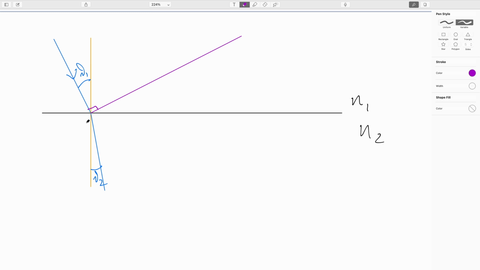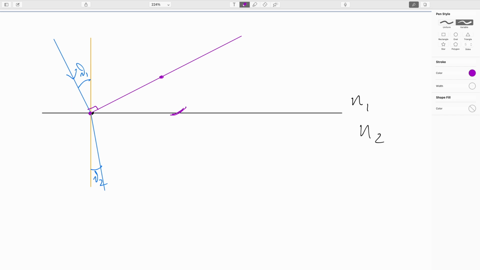And again, we're going to pick 2 points. We're going to pick the point right where the wavefront is intersecting with the medium. And we'll pick some other point over here. And so what we're going to do is watch both the wavelet that gets emitted here and the wavelet that gets emitted here propagate for the same amount of time, delta t. So some amount of time, delta t later, this wavelet from here made it to here.